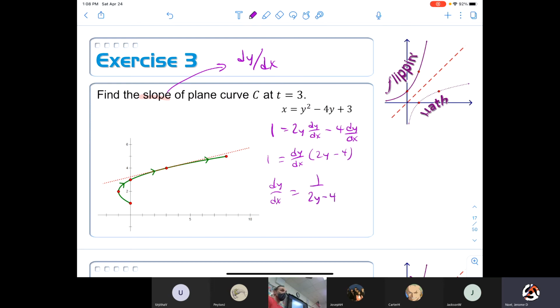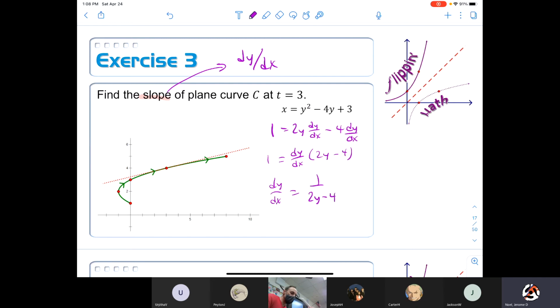Now, I will say this right up front. This is not the preferred method, but we're trying to understand what the derivative of a parametric set of equations is going to look like whenever we do it in terms of just the parameter. Okay, so it wants this at t equals 3, but I have a problem here because there's no t in my derivative. So what do I do?